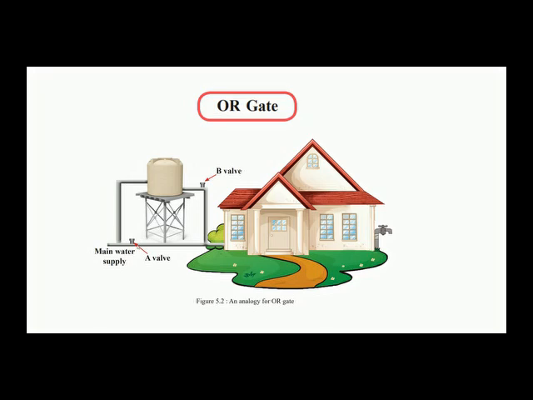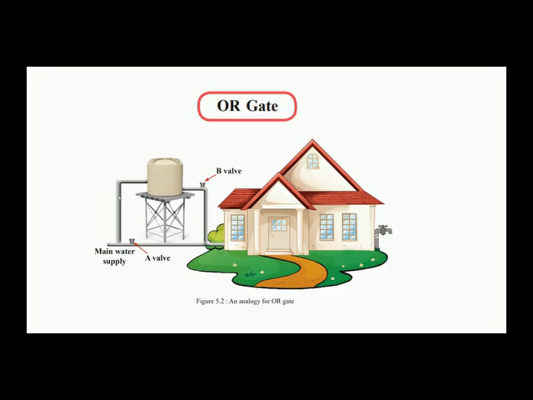Now I'm going to close this valve and open this valve. Then will this water tank get filled? Yes, because I have opened this one here. The water can go from here, right? For this instance, the analogy of the OR gate can be defined through this example. That means if one valve is open, the tank gets filled.